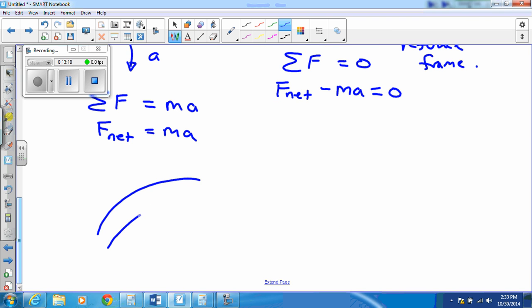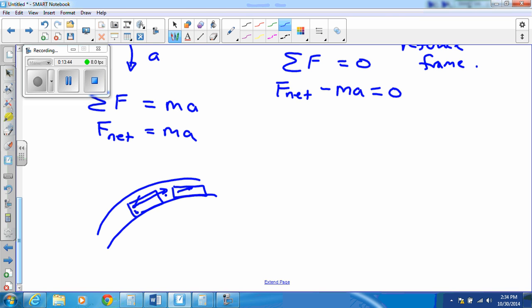If I examine that car, again, here's the sharp right curve, here's my car, the passengers in the back seat always want to go straight, don't they? And so if they go straight, well, which way is straight? Straight is this way, right? So if they go straight and the car moves out from under them, look at what happens. The passenger that goes straight here is going to end up further over to the left inside the car.